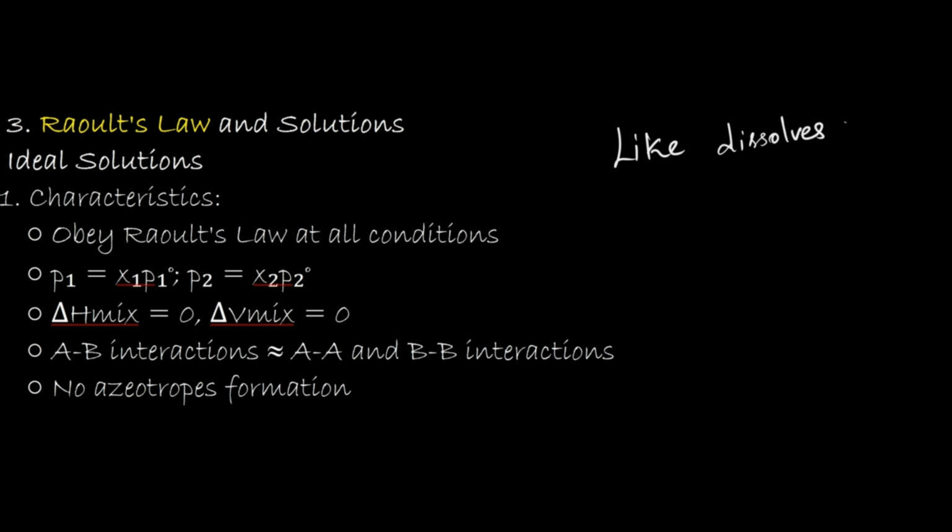What is that, ma'am? Like dissolves like means if the solute is polar, it will dissolve in polar solvents. If a solute is non-polar, it will dissolve in non-polar solvent. That is the catchy mnemonic, like dissolves like. So while doing dissolution, you should keep this in mind.